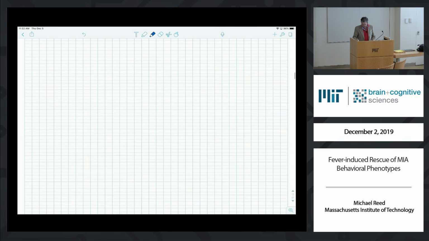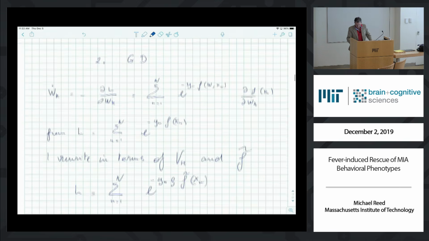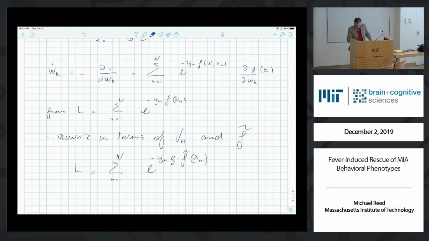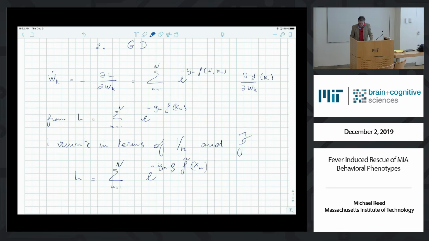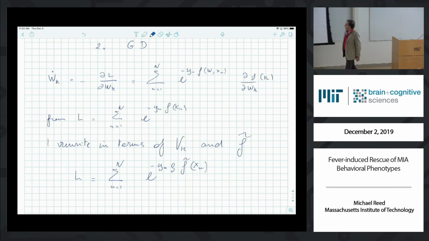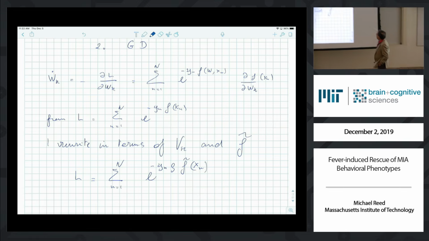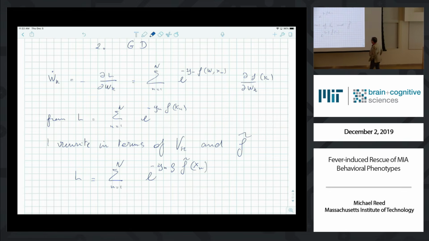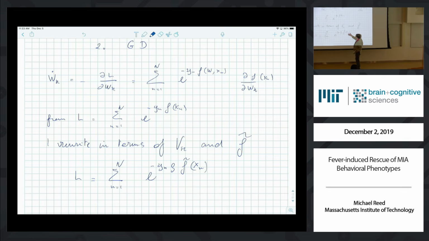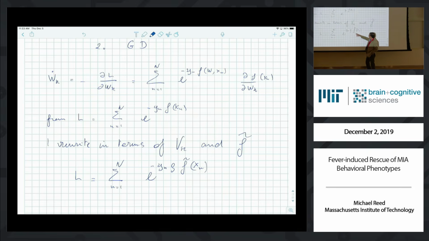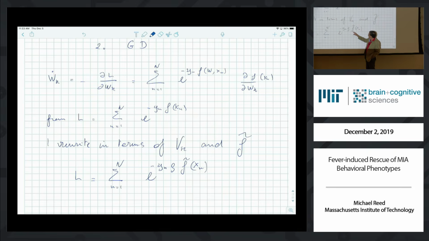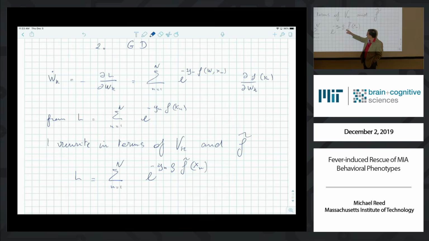So for instance, I can rewrite everything I wrote so far, but in terms of, particularly, let's write the loss function in terms of f tilde and rho.